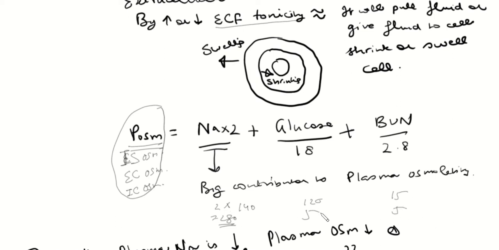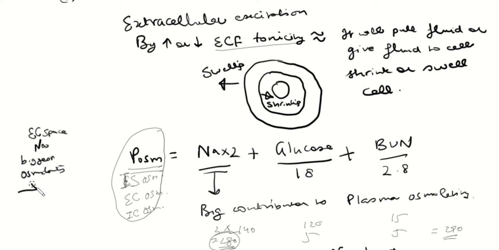Compare this to the total of 290. Which is the biggest contributor? Sodium. In my extracellular space, sodium is the biggest contributor to my osmolarity, the biggest reason for these fluids moving back and forth.